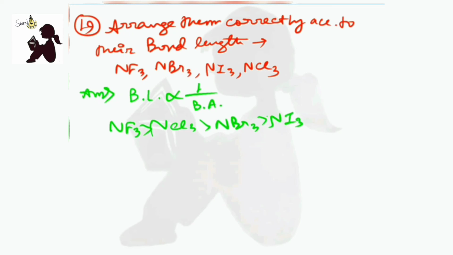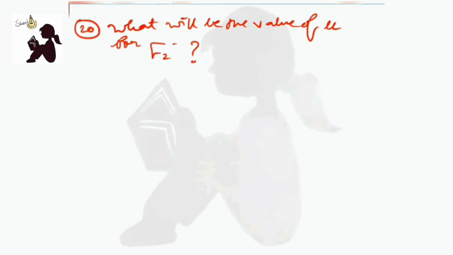But if it was bond angle, the order will be reversed, because if the electronegativity in the surrounding atom increases, the bond angle decreases.